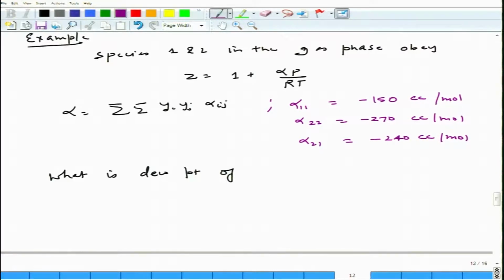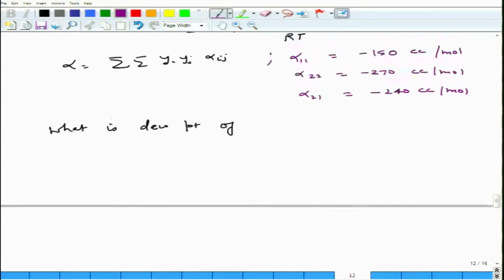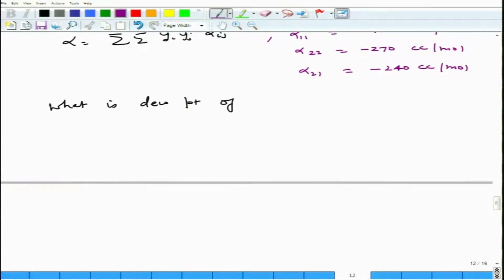Alpha 11 is minus 150 cubic centimeter per mole, alpha 22 is minus 270 cubic centimeter per mole, alpha 21 is minus 240 cubic centimeter per mole, and alpha 21 is basically nothing but alpha 12. So, what is the dew point of a 60-40 mixture at a pressure of 20 atmospheres?